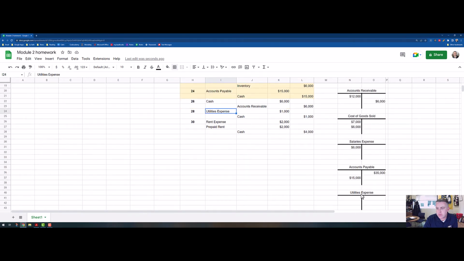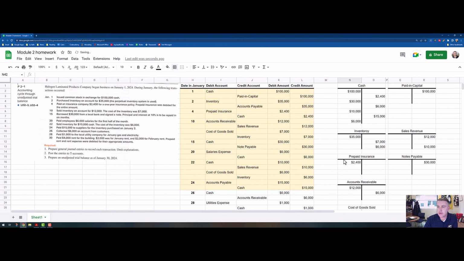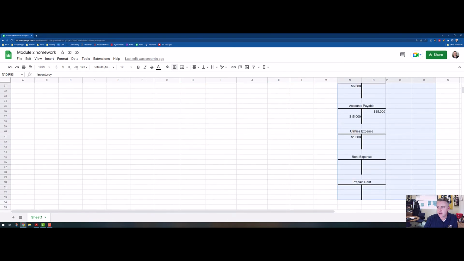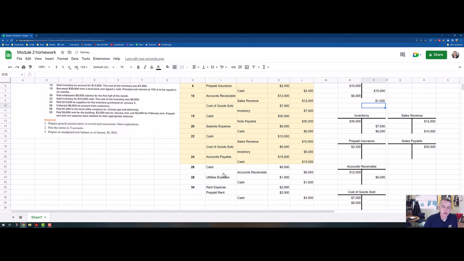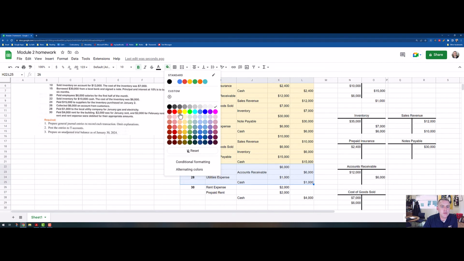So we're going to say utilities expense 1,000, cash 1,000. Oh man, I need more room again. Turn this down. So this is going to be 1,000. Got it. Let's mark these last two done. I forgot to mark the previous one.